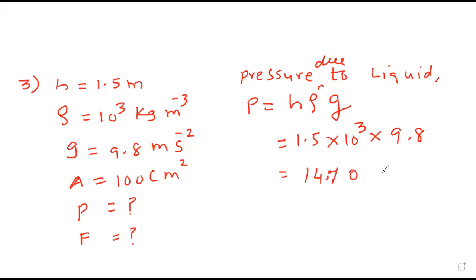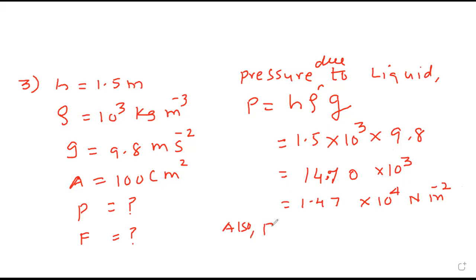After 2-digit decimal into 10 raised to 3, that will be 1.47 into 10 raised to 4. This much Newton meter raised to minus 2, or you can write Pascal.